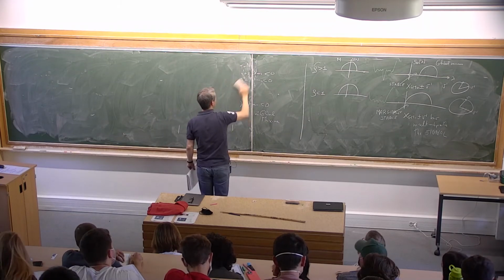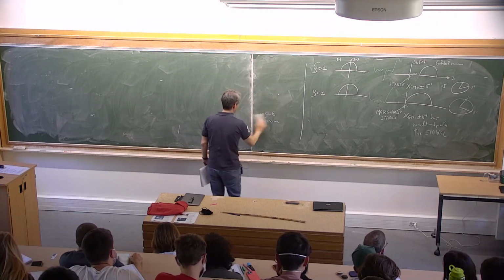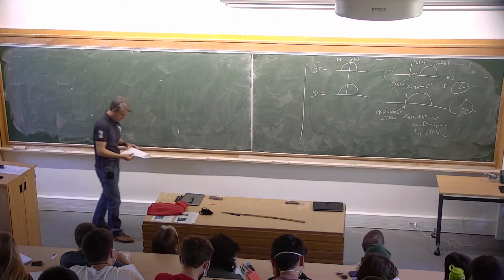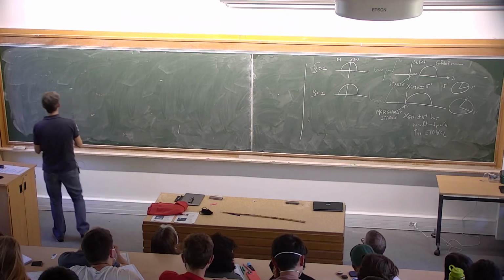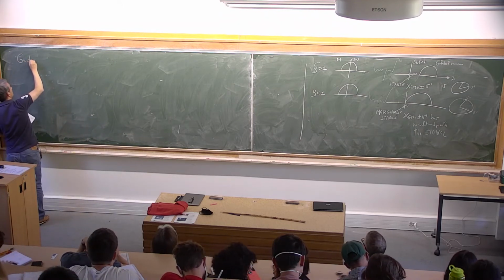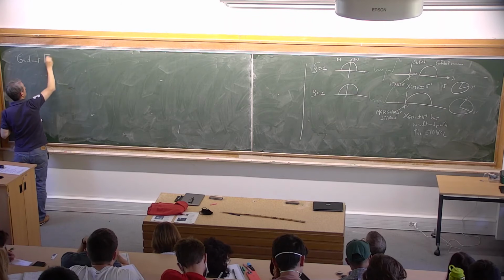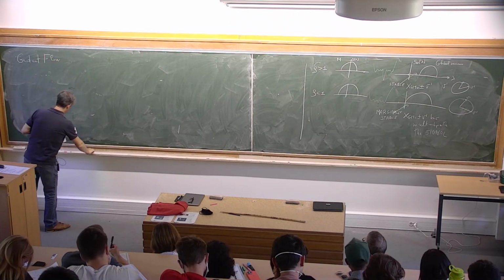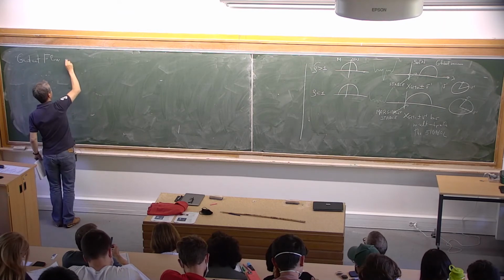So you should try to imagine how this landscape looks, and we'll discuss it a little bit more. Okay, so let's do gradient flow. And this again is gradient flow on the sphere.